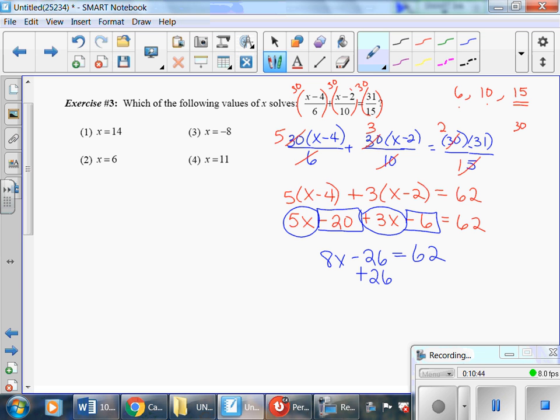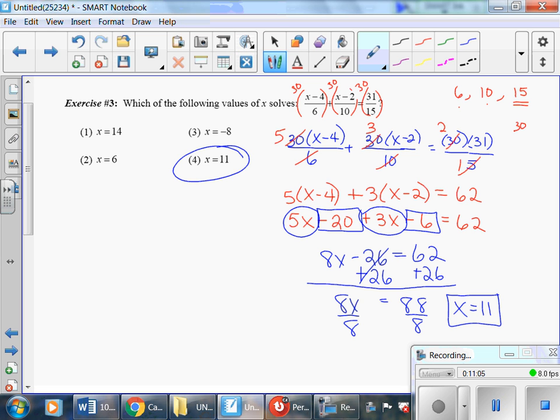Add 26 to both sides using the additive inverse, which equals 88, and divide both sides by 8, and x is equal to 11. Oh, there's the answer. Multiple choice.